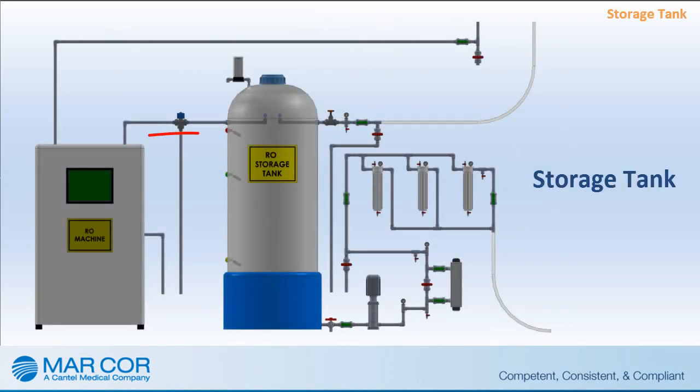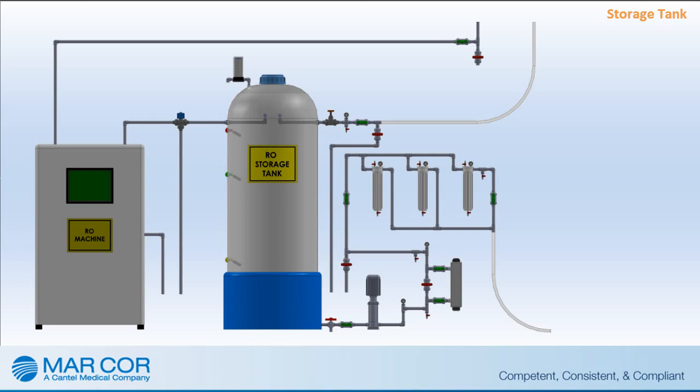The storage tank collects product water from the RO and the product water that is returned from the distribution loop. A typical tank will have 3 level switches: a high level switch which will tell the RO to go into standby mode when the tank is full, a low level switch which will tell the RO to turn back on and start producing purified water, and a low level switch which indicates that the tank is near empty and will activate an audible and visual alarm.